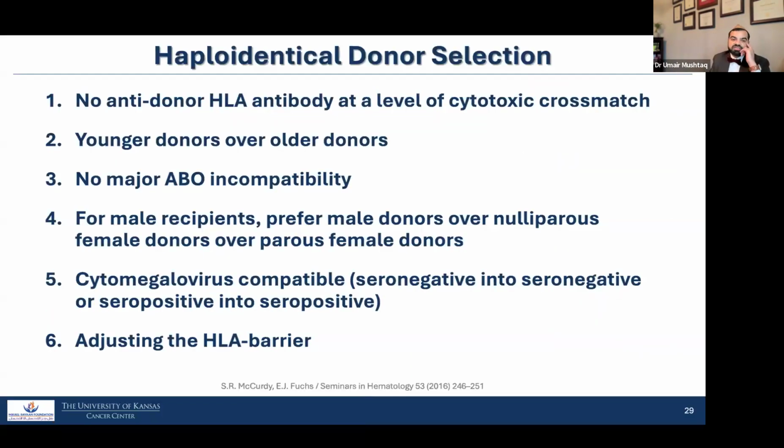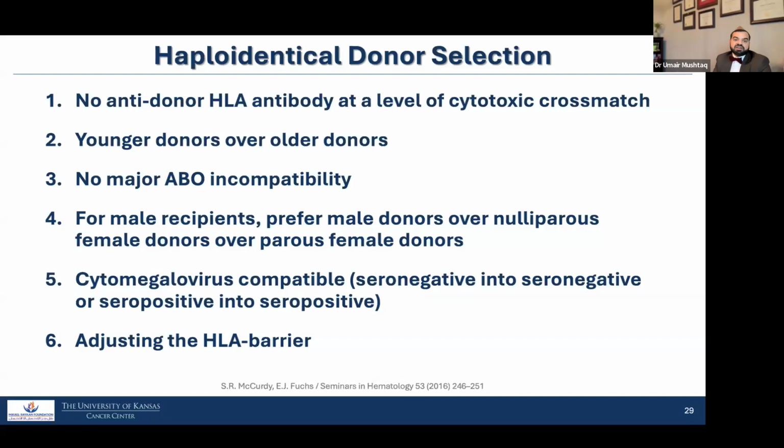So in terms of donor selection, I think the most important factor is that there should not be an HLA antibody. Because of the transfusions that recipients receive, they may develop antibodies, and the antibodies are often directed at the HLA loci that are mismatched. So donor-specific HLA antibodies at cytotoxic cross-match level.